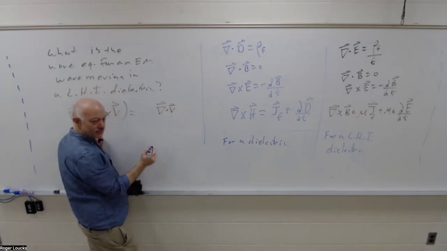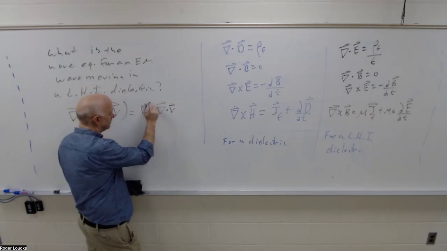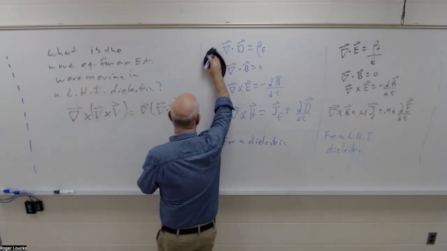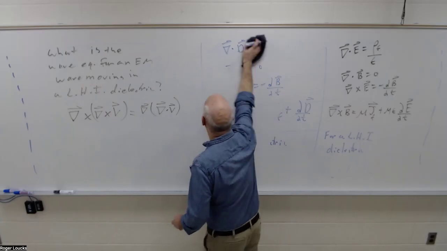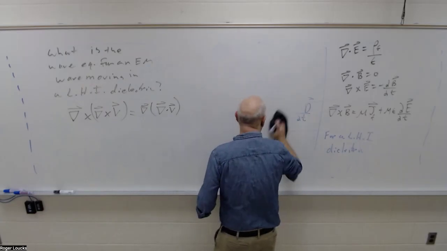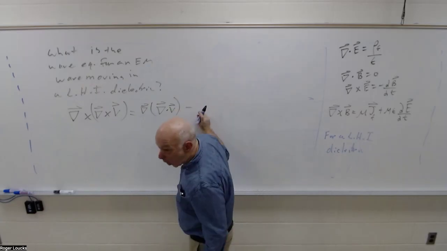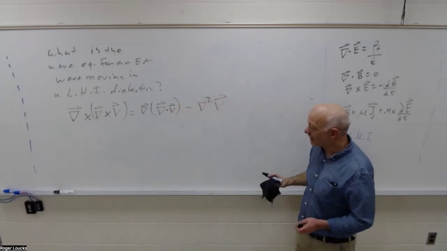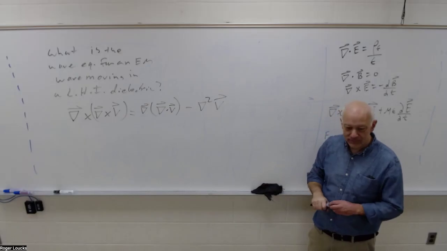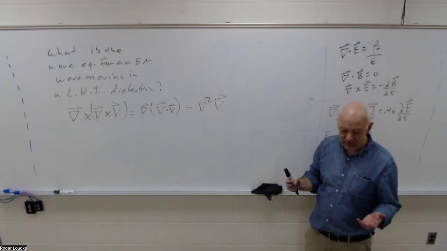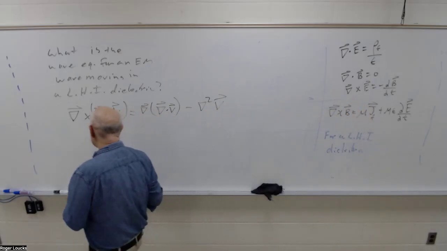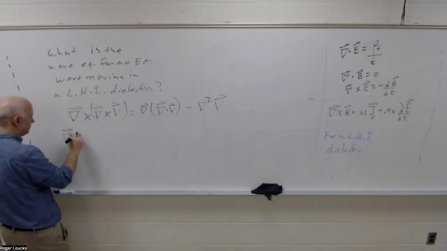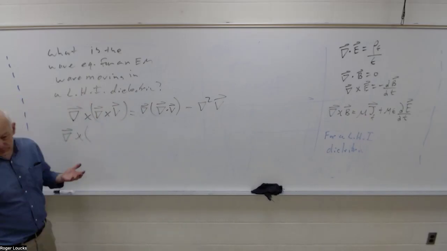The gradient of the divergence of V minus the Laplacian of V. It's been a while. Okay, now what is V going to equal? Either B or E. E.